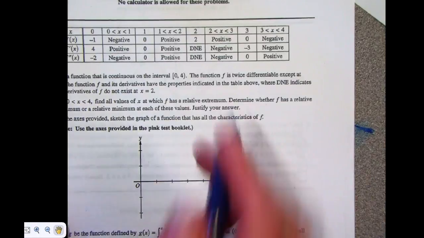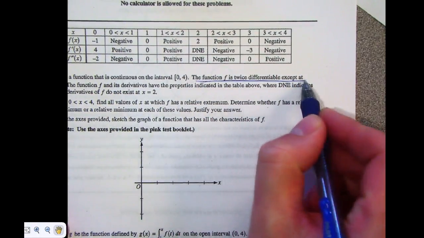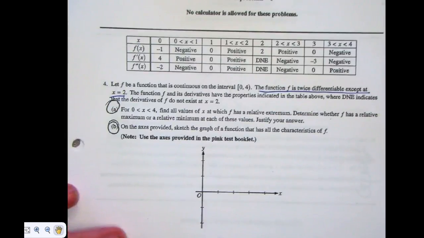Just reading through this sentence in the beginning, the function is twice differentiable except at x equals 2. What does that mean might be going on at x equals 2? It's a derivative. Like a quarter or a cost for something? It's someplace you can't take the derivative of. A cost border, possibly.